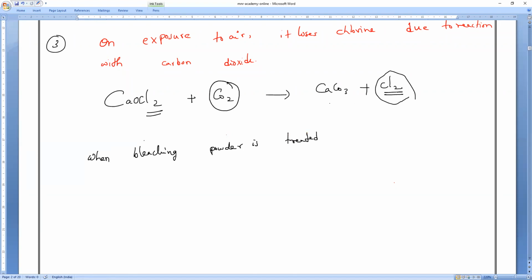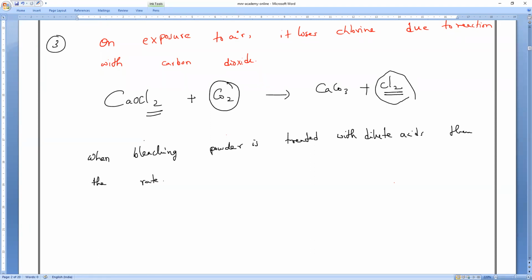In industries, unbleached pieces are bleached for different color variations. I will show you that. So bleaching powder is treated with dilute acids.